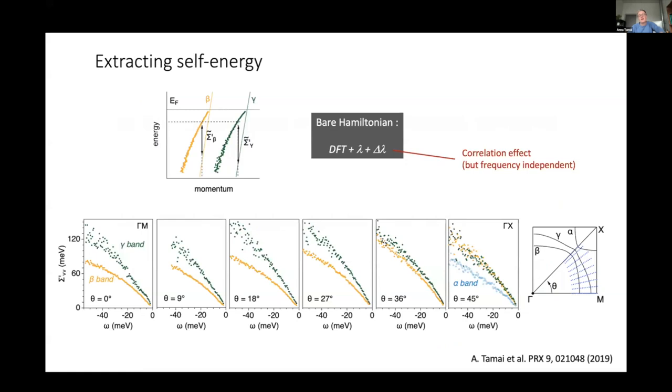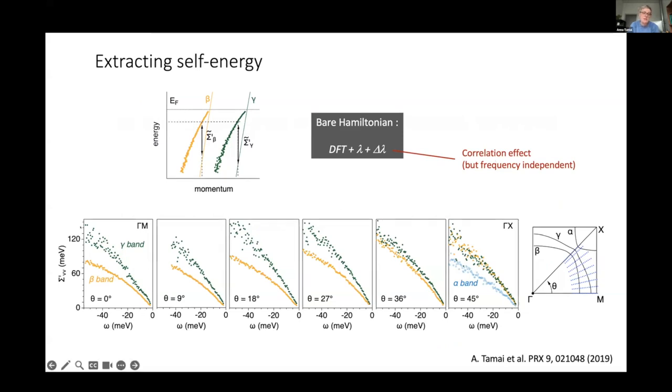You can do a bit more accurate analysis and extract the self-energy as a function of angle, or as you move on the Fermi surface. So we extracted the dispersion from ARPES and we compare this with the dispersion from the bare Hamiltonian, which again includes an enhancement of spin-orbit coupling due to correlations, but this effect is frequency independent.